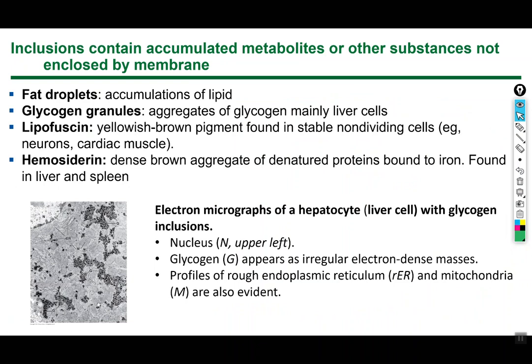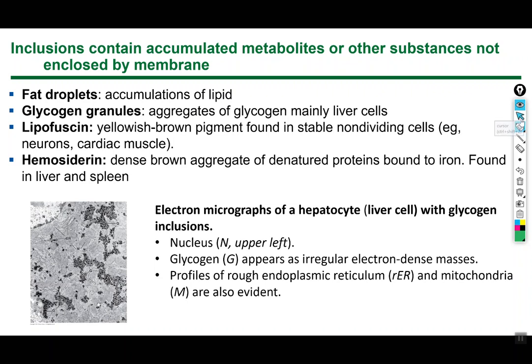Okay, inclusions are, and you just saw Mallory bodies, which are inclusions. So an inclusion is a glob of something in the cytoplasm, but it's not surrounded by a membrane. So these are sort of naked aggregations of stuff. Some of them are normal, some of them are not.